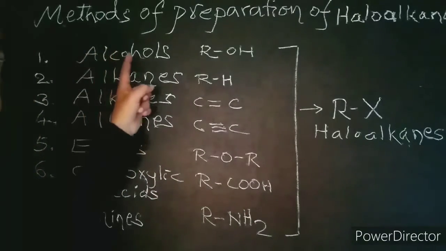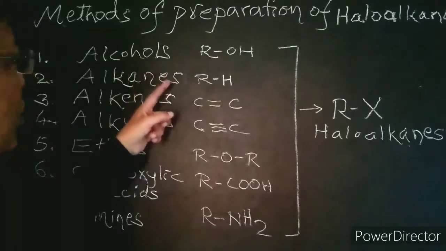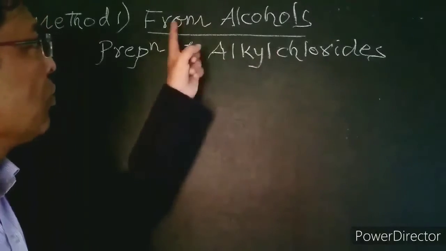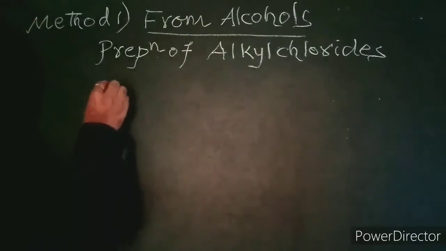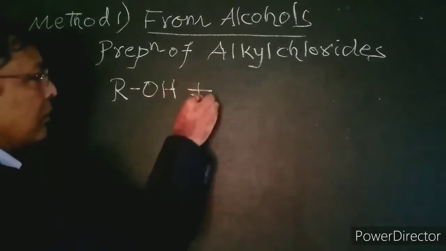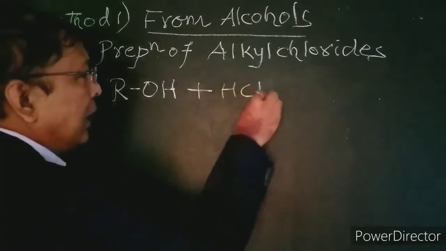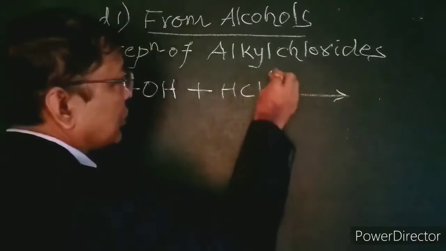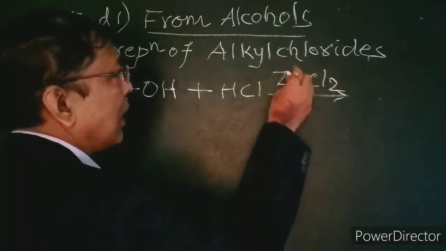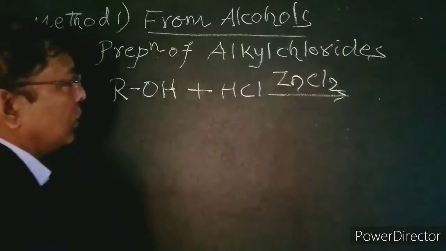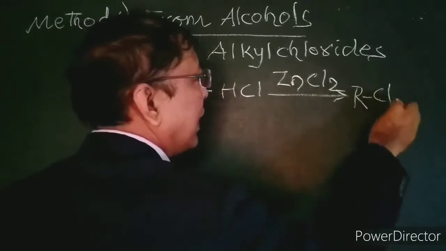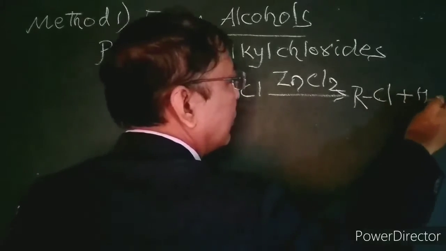First, we start with preparation of alkyl halides from alcohols. Preparation of alkyl chlorides from alcohols. When alcohols react with HCl in presence of anhydrous zinc chloride, we get alkyl chloride plus water.